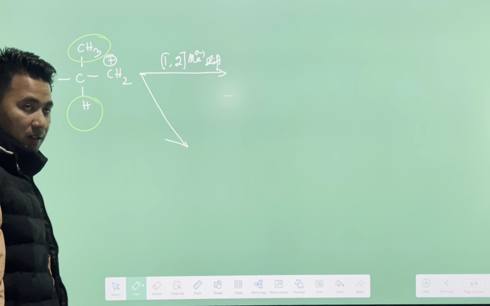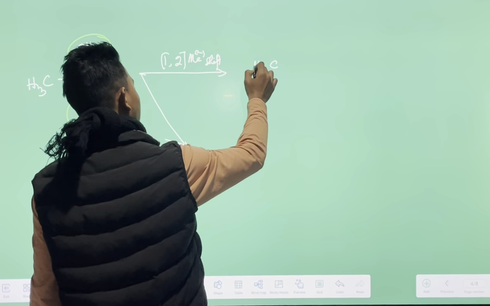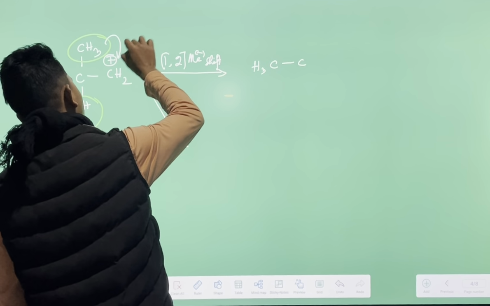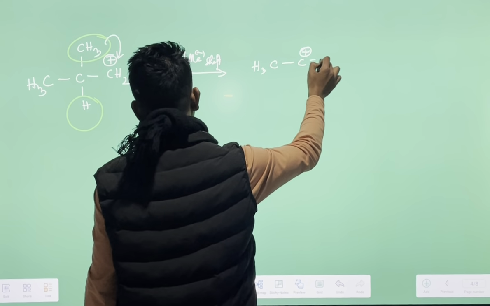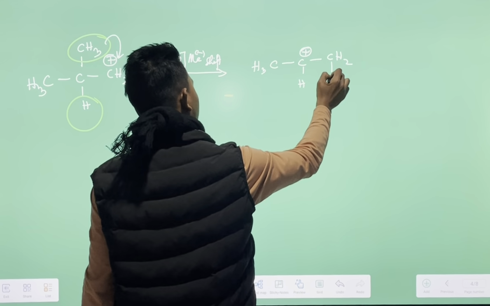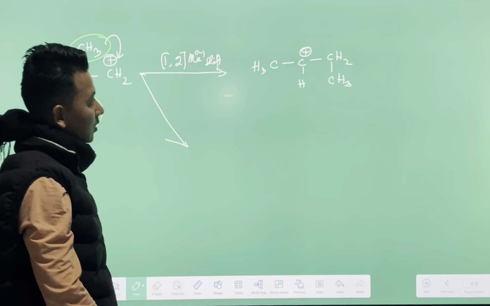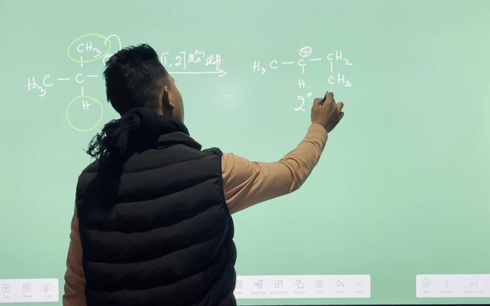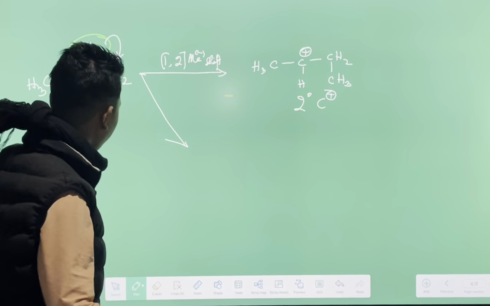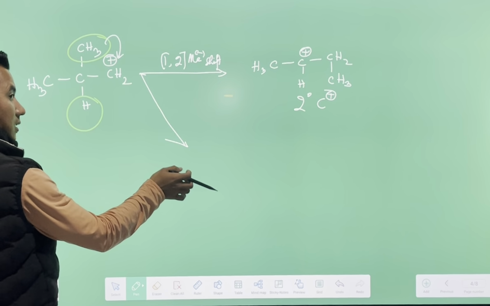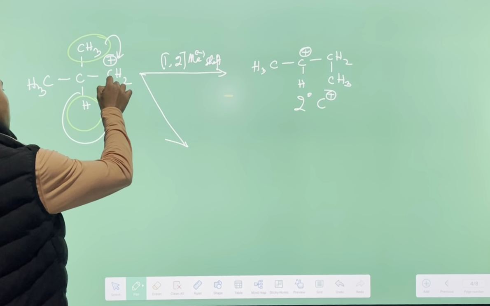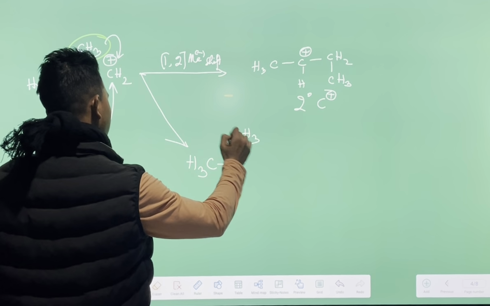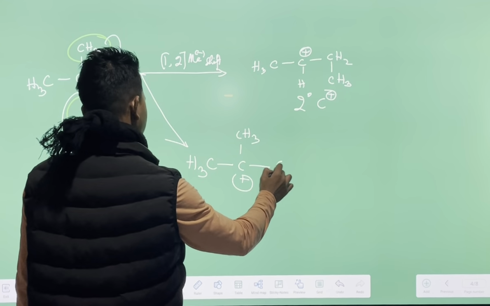We choose the methyl shift, then we get CH3, C, plus CH2, CH3. We get a secondary carbocation. Then there's another case, if we shift this hydride to this one, we get CH3, carbocation, CH3.